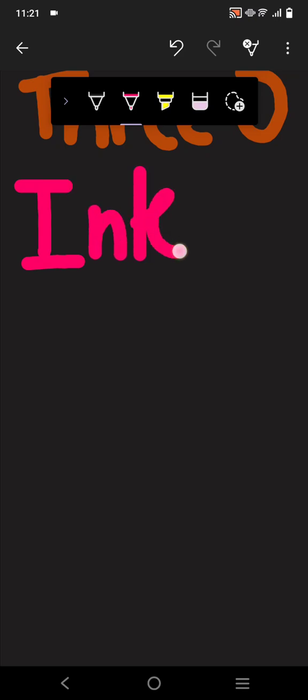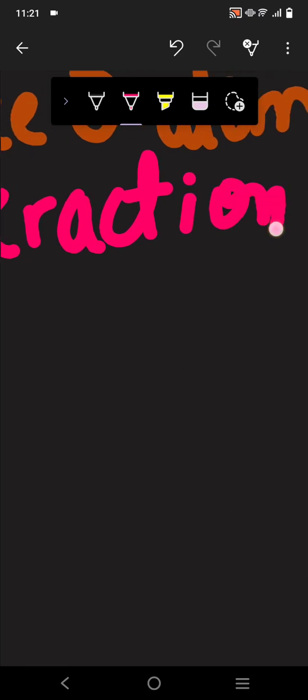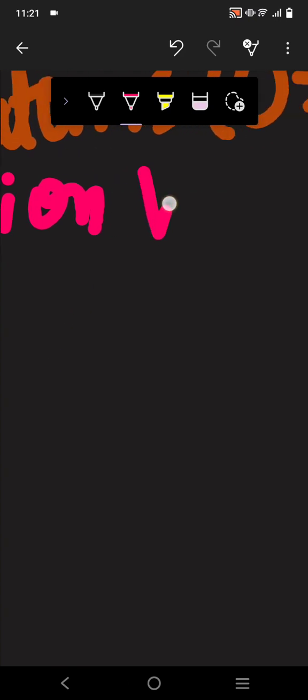So let us see how this ozone works. Ozone is involved in an interaction with the UV rays.